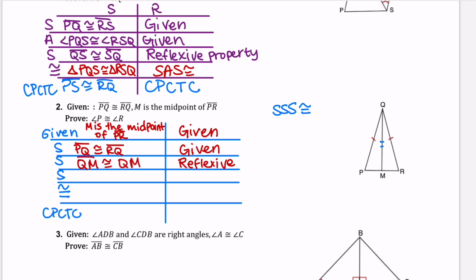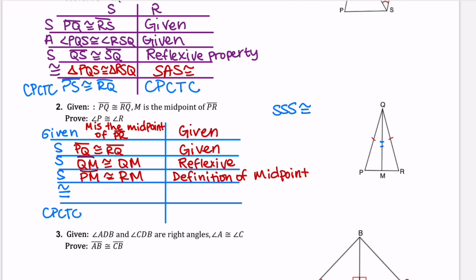Now there's no congruency statement to get that from, but if you look, both of these are going to be the same. QM is congruent to QM by the reflexive property. The last side, we're going to use that definition of midpoint to say that PM is congruent to RM.